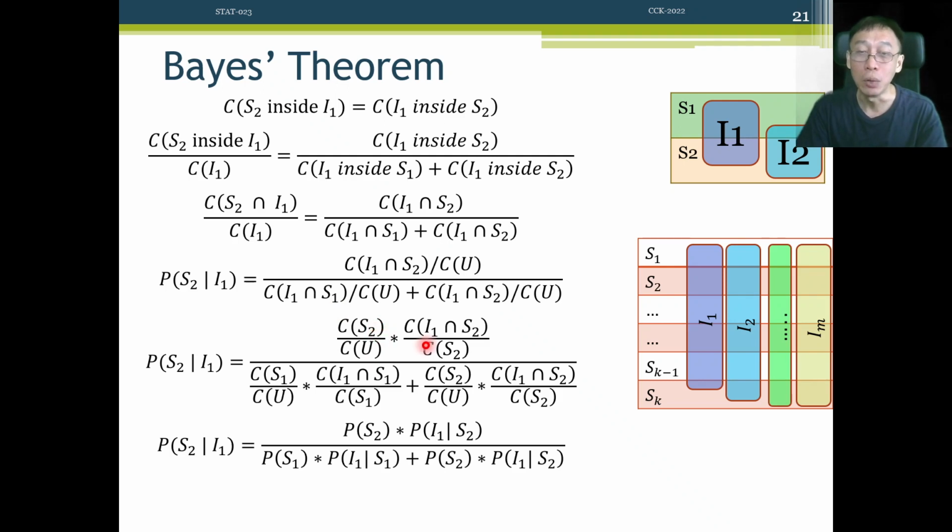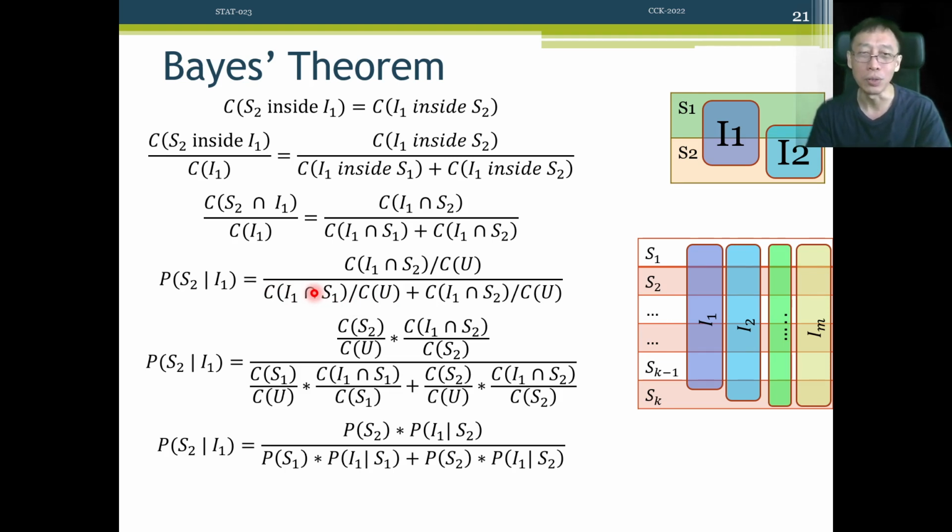Brilliant. So even though this seems redundant, putting them in solves a lot of problems because it introduces a new concept called conditional probability and then the prior probability. And that's exactly what happened in just the final and the last line here. And then also at the bottom, because count of I1 intersect S1 divided by C of U gives us just the probability of I1 and S1 happening together.